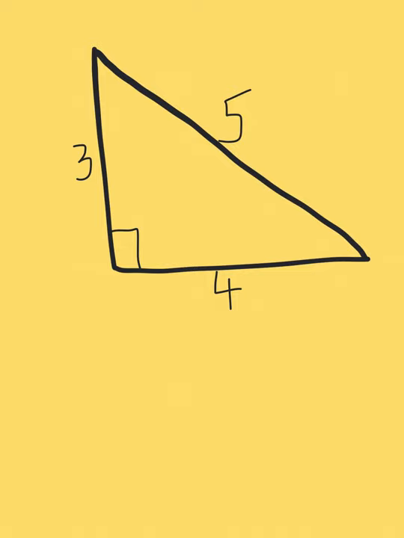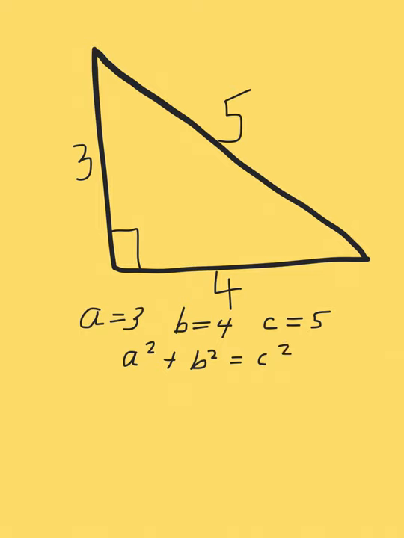First, I'm going to write down some information: A is equal to 3, B is equal to 4, and C is equal to 5. And I'm going to write down the Pythagorean theorem: A squared plus B squared equals C squared.